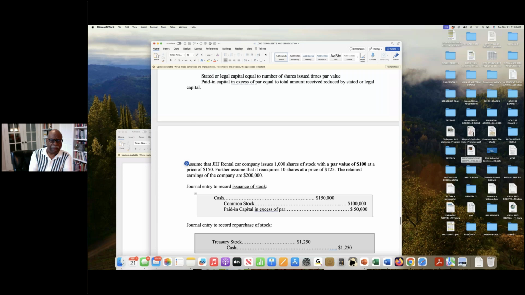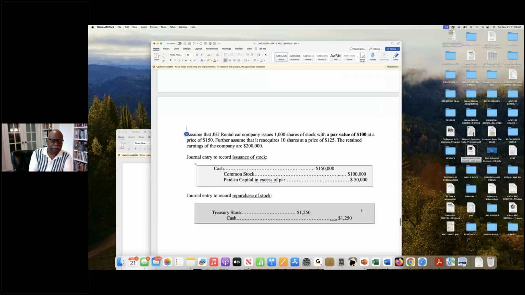Then we talked about the fact that, because this is the legal capital, if a company buys its stock, begins to take money out, that needs to be highlighted. So we don't debit common stock, we debit treasury stock.